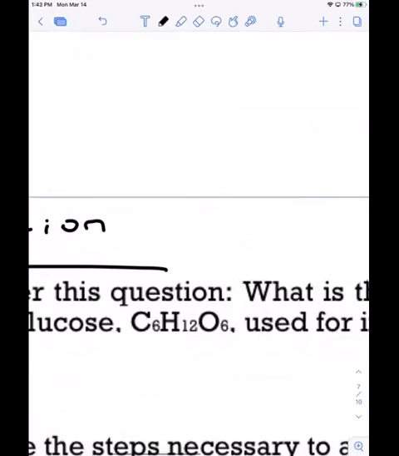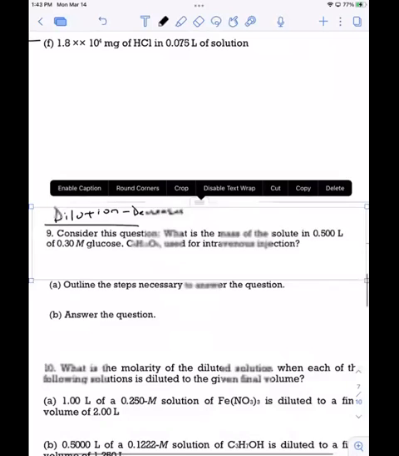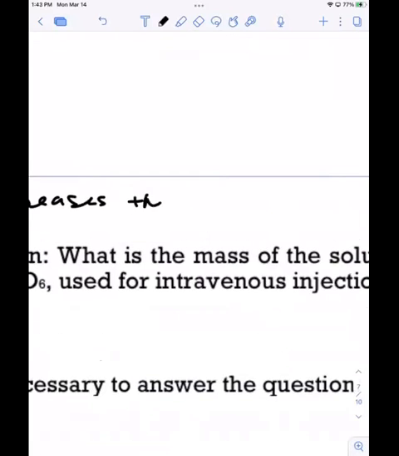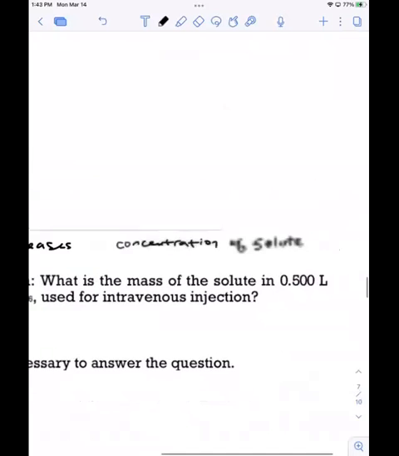So dilution decreases the concentration of the solute.